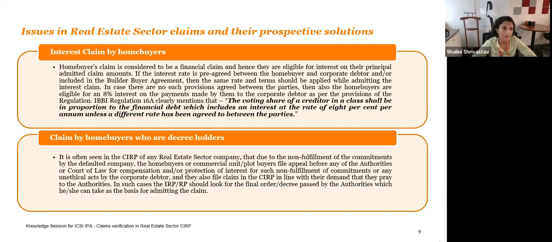But there again, sir, as Abhirup was mentioning, we have to look at what the code says, and also what the intent is. The intent firstly was to give home buyers rights as financial creditors because they provide financial assistance to put in place a project.